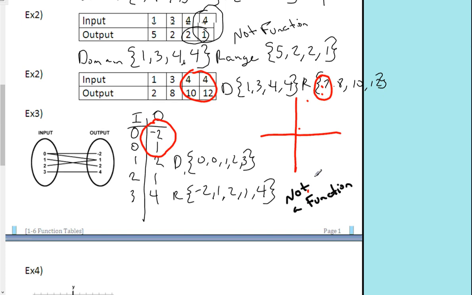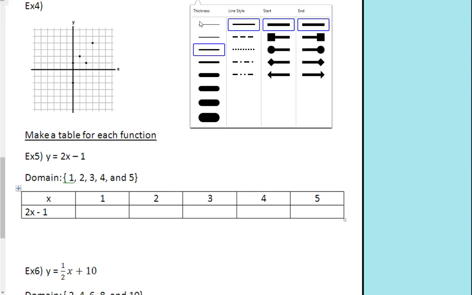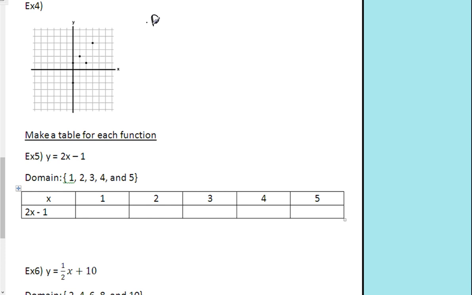All right. Then we have our next section. We have a bunch of points, and we need to tell me what the domain and the range are. So to find the domain and to find the range, what I would do again if I were you, instead of just trying to read it, I would quickly make a table with those values.